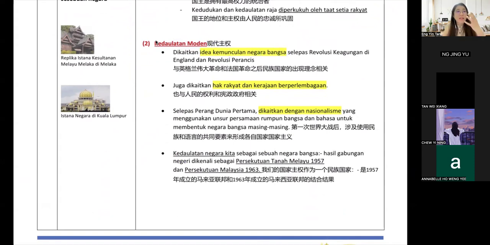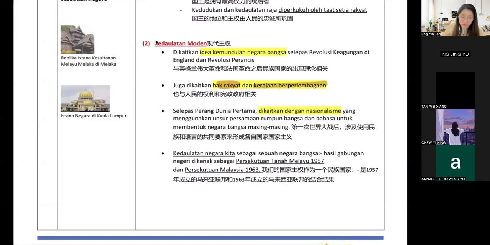Supposedly the country must be led by the citizens' representative. The reason we have the negara is because we have the bangsa. So therefore, it focuses on human rights. Back then, when we talked about the power, we only talked about the king. But after that, we start to talk about citizens, human rights, hak rakyat.